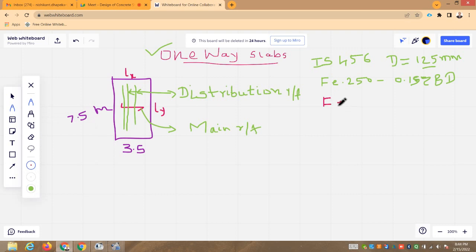Fe415 or even Fe500, Fe415 and Fe500 come in high yield strength deformed bars, the minimum steel to be provided is 0.12% of BD.